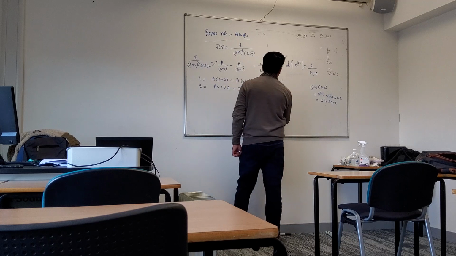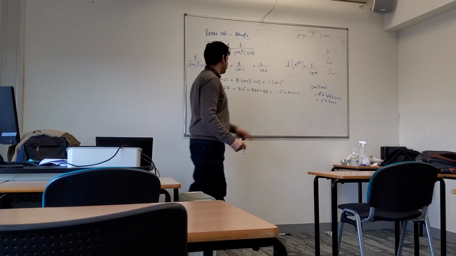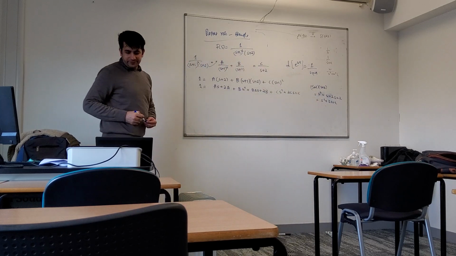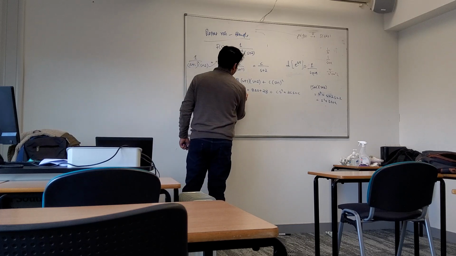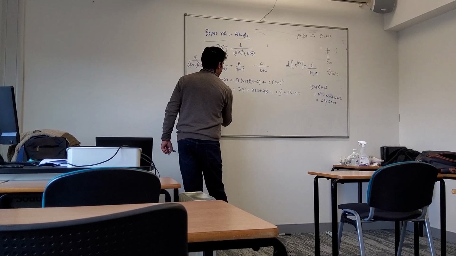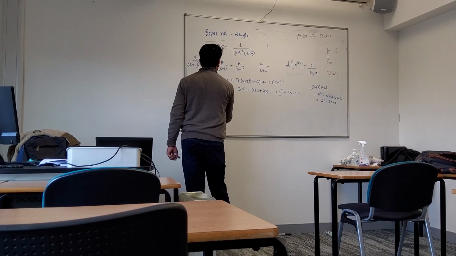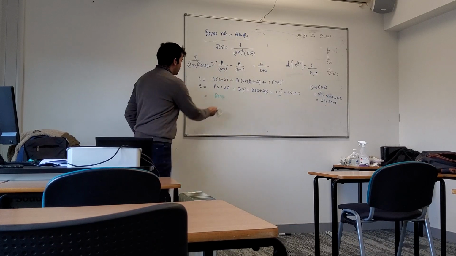And this we know, right? c s square plus 2c s plus c. This is simply the formula, right? Now we need to separate each power. So are we equating coefficients now?